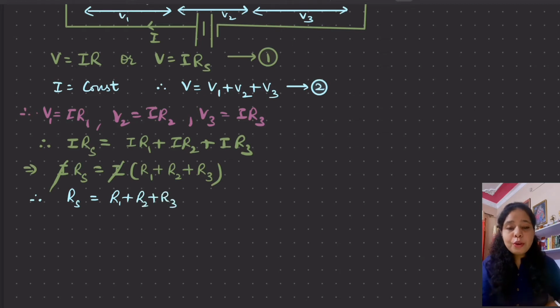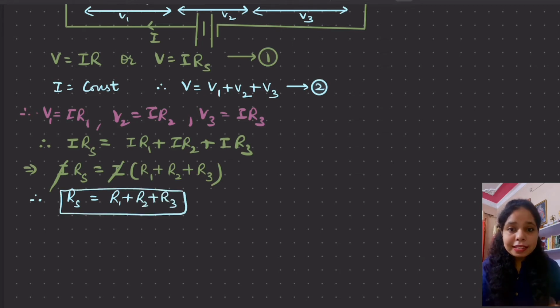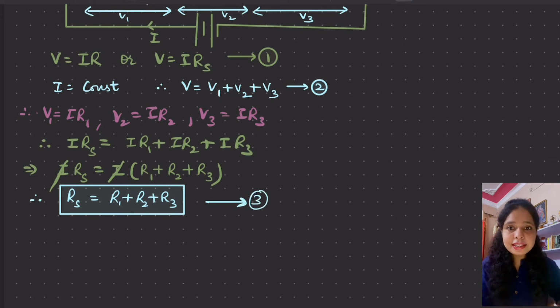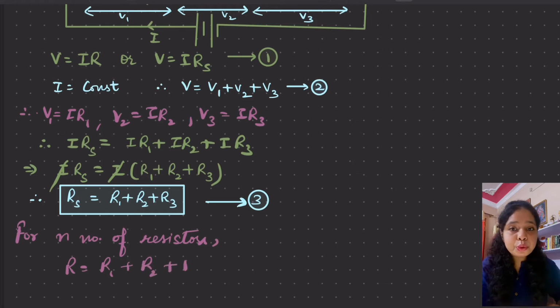This is the equation for the total resistance of resistors connected in series. It tells us that when resistors are connected in series, the total resistance just gets added up. If we have n number of resistors connected in series, then we can modify this formula as RS is equal to R1 plus R2 plus R3 and so on up to Rn.